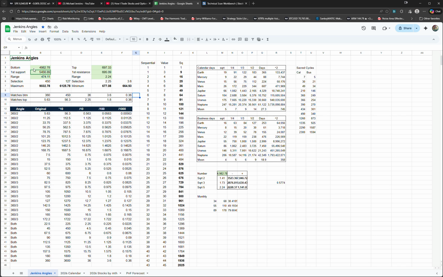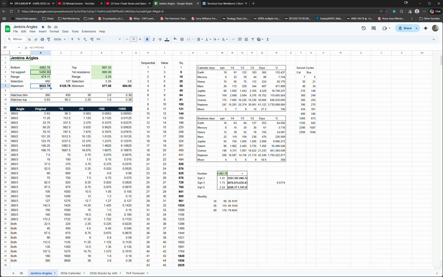In this case, I started with the S&P from the February low, using closing price only, and the first area of support resistance. The difference between those is a range of 474. The match formula looks through all of these possibilities and comes back with 450 as the closest match.